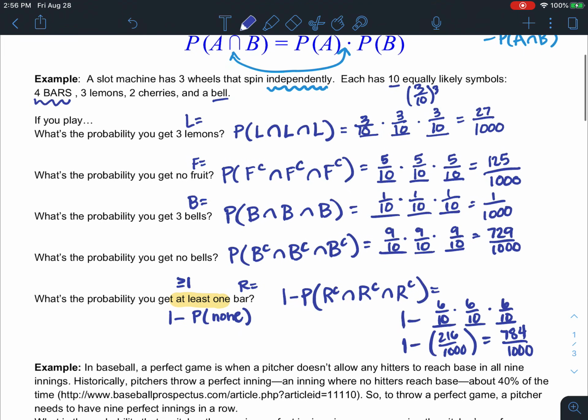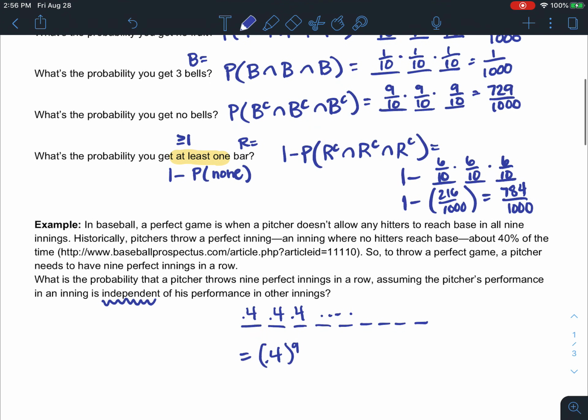I just like putting the blanks because it helps me think about them as separate events. And then, of course, it would be hard to do the probability notation, like if I let n be a no-hitter, then that would be n and n and n 9 times.